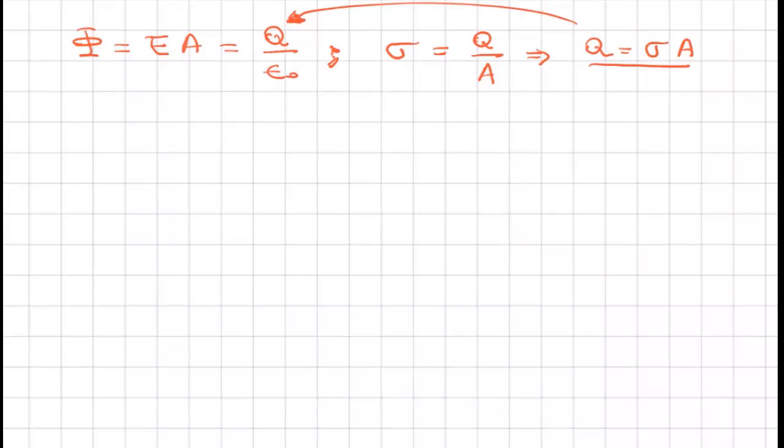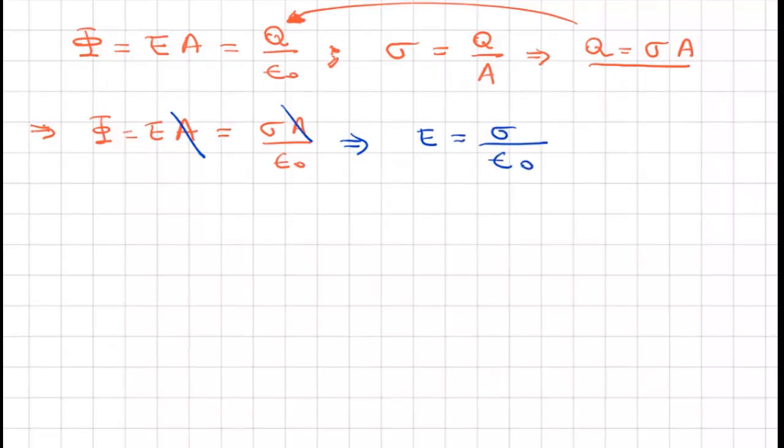So the electric flux is equal to the electric field multiplying the area, and is equal to sigma multiplying the area divided by epsilon 0. This area cancels with this area, and the result is that the electric field is equal to sigma divided by epsilon 0.